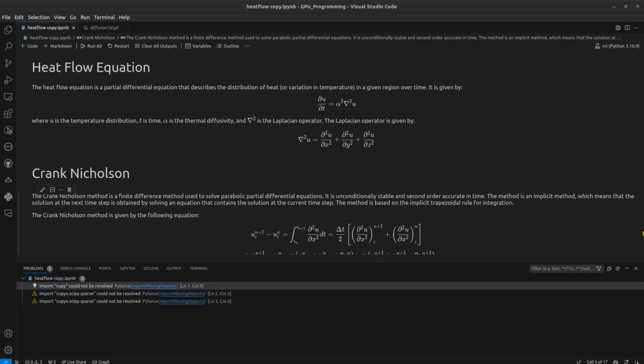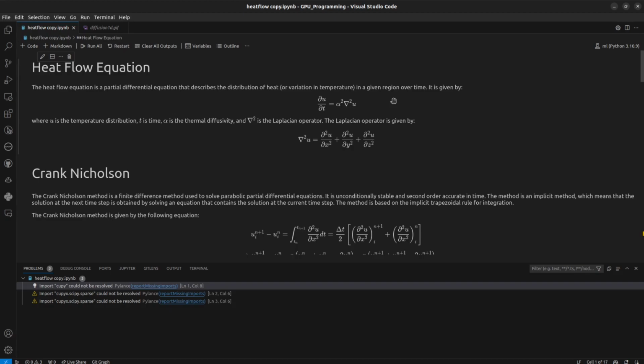The heat flow equation is a parabolic partial differential equation that is governed by this equation here. So you can see that the rate of change of our function is linked to the curvature of our function multiplied by a numerical constant, the heat conductivity.